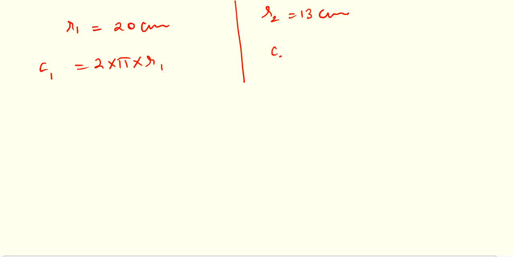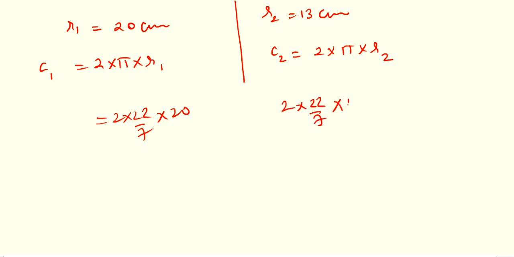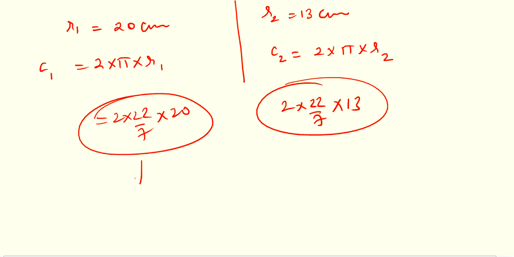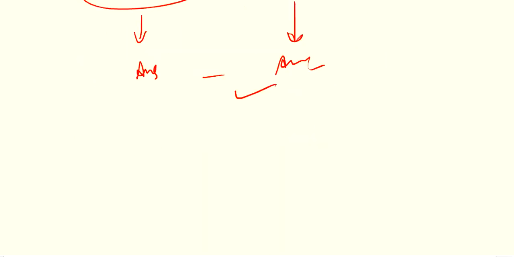Then find the circumference for the second circle, 2 into pi into R2. Now substitute values: 2 into 22 by 7 into 20, 2 into 22 by 7 into 13. Solve both, then subtract the values, and you will get the final answer. So like this you have to solve question number 15.